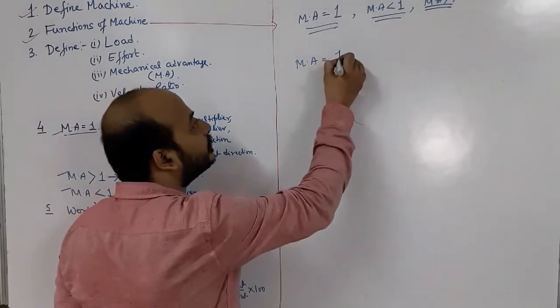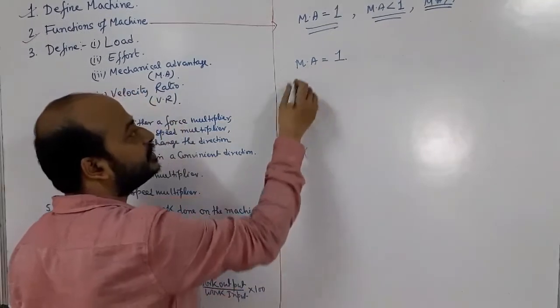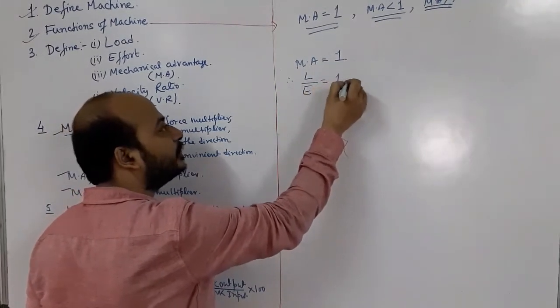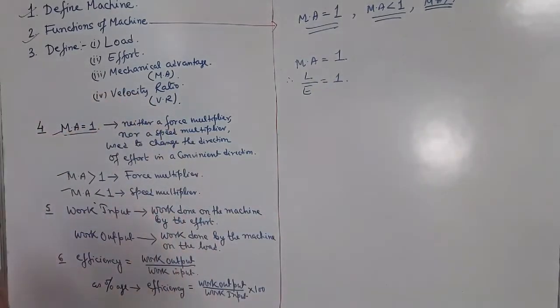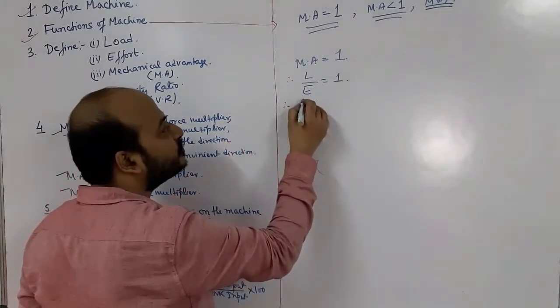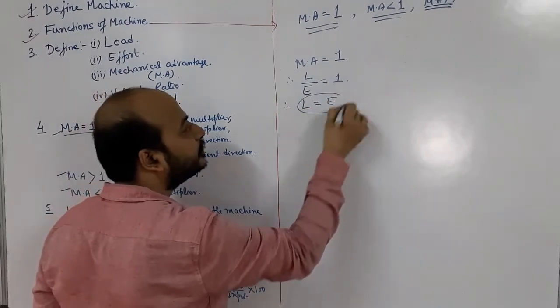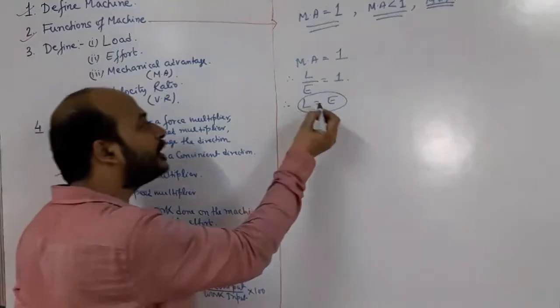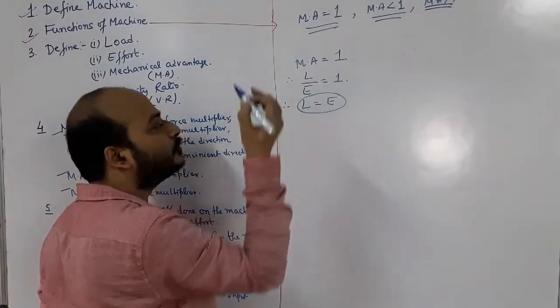Suppose when the mechanical advantage is 1, I can say load by effort is equal to 1, right? Load by effort equal to 1 means load is equal to effort, right? So we are giving as much effort as is the load.